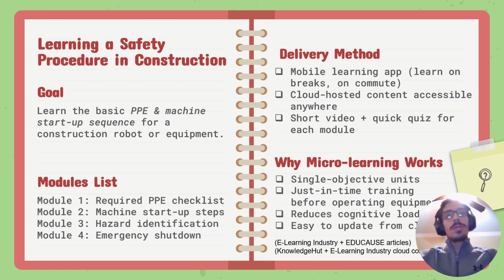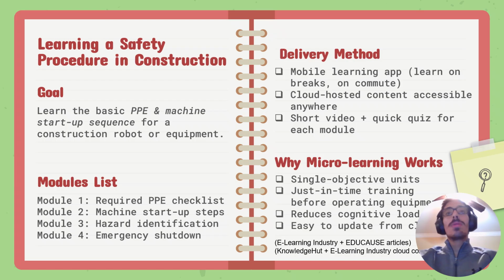Here's an example to show how this works in a real context. Here's a microlearning example from the construction field. Let's say the goal is to teach workers the basic PPE requirements, then the machine startup sequences for a piece of construction equipment.